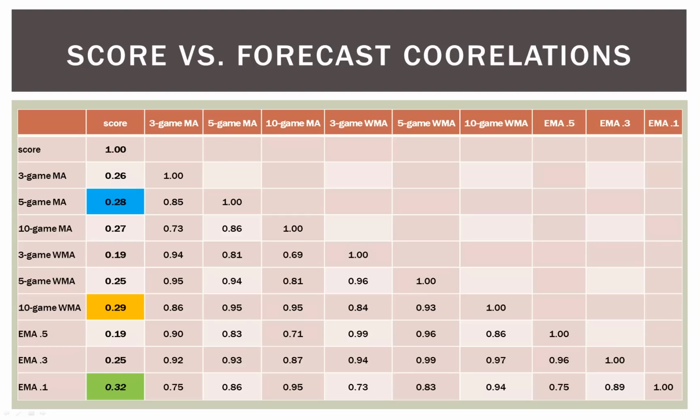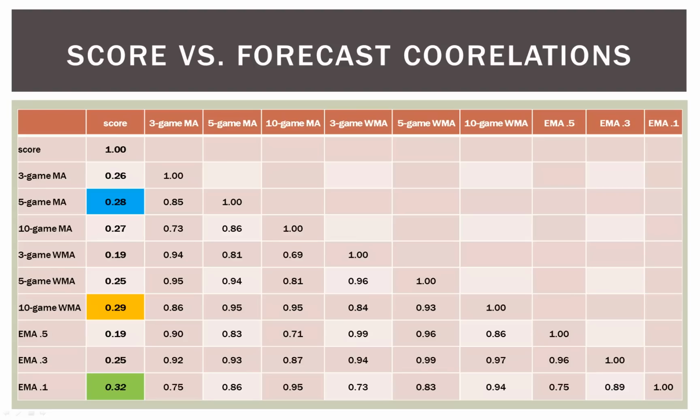Now what we're going to do is go down that score column, disregarding the first one, which is score and score. We're going to look for the highest correlation between score and our models. So if we go down that column all the way to the bottom, you'll notice that the exponential moving average with an alpha of 0.1 has the highest correlation with our actual score.